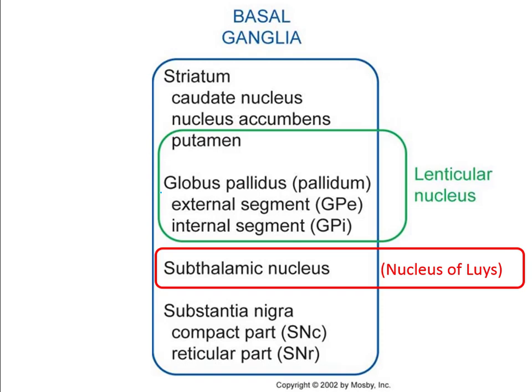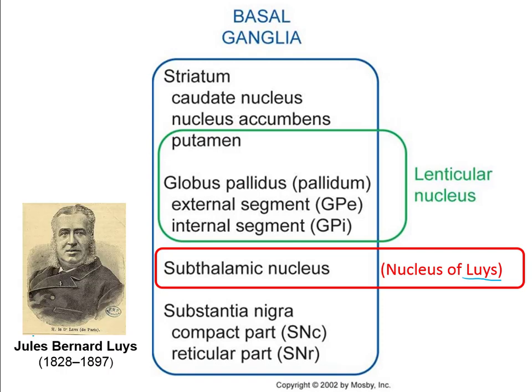The subthalamic nucleus, to make your lives really miserable, in some books will be called the lentiform nucleus. Not lenticular, but lentiform. Lentiform means lens-shaped. It's also known as the nucleus of Luys. And the reason that comes into play is this is Luys.